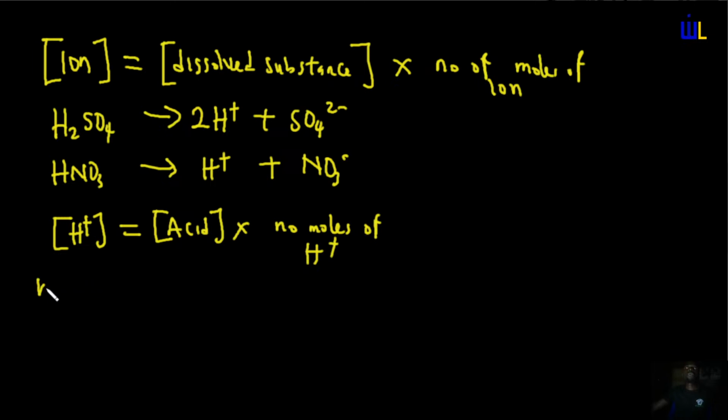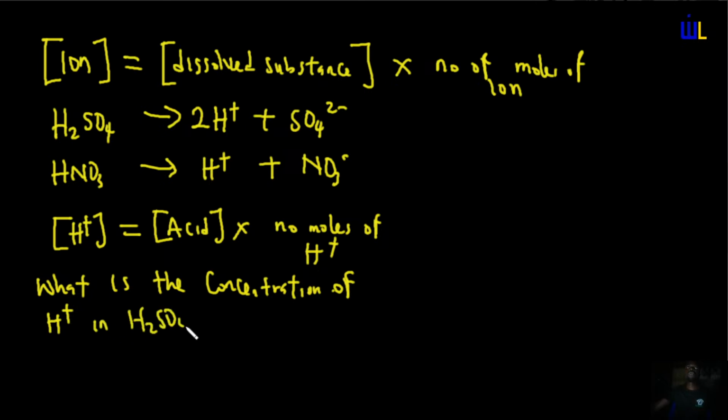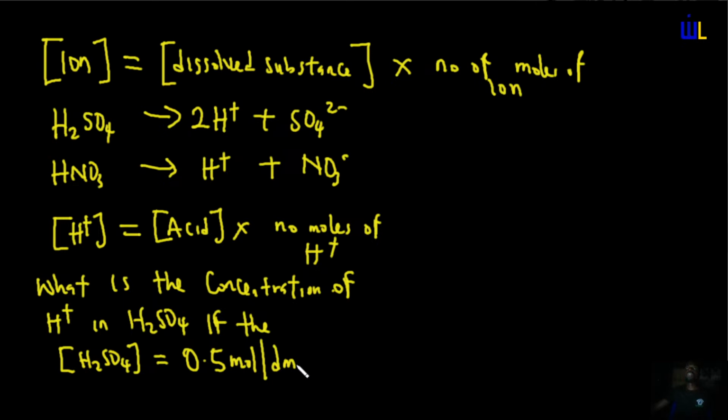What is the concentration of hydrogen ion in H2SO4 if the concentration of the acid is equal to 0.5 mole per dm cubed?